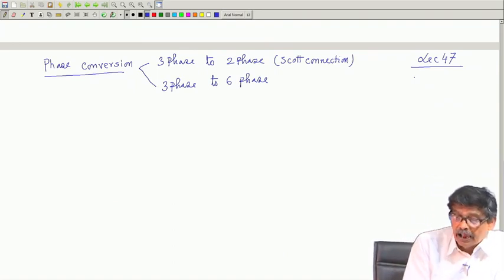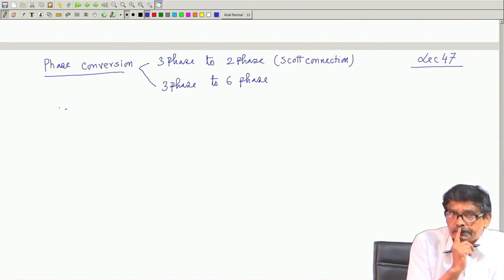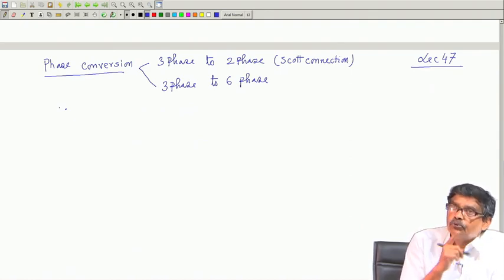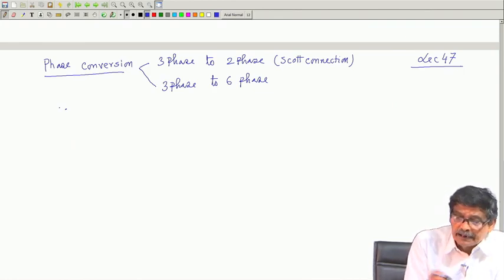What I will do is take 1 three phase transformer with 2 secondary coils, identical secondary coils. These are the primaries we now know.